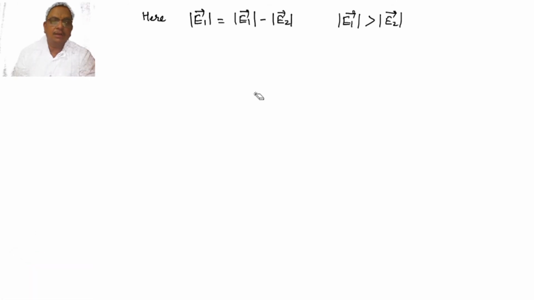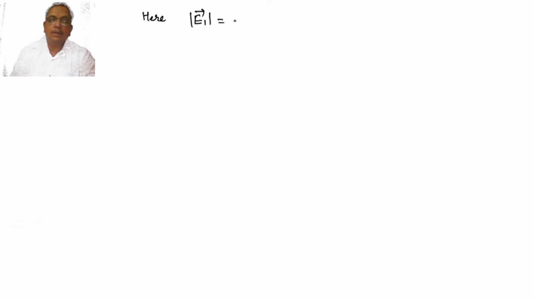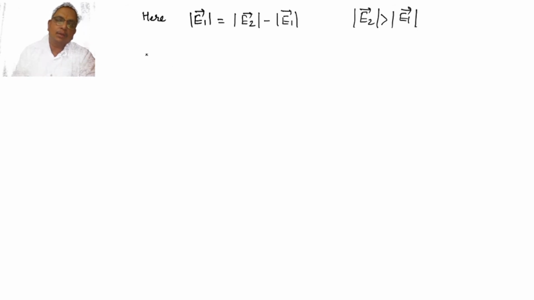Why is it so? Because E2 is greater than E1. We put the value here.